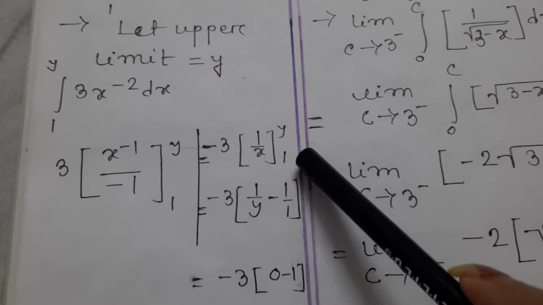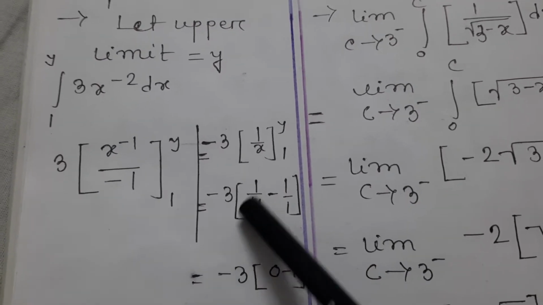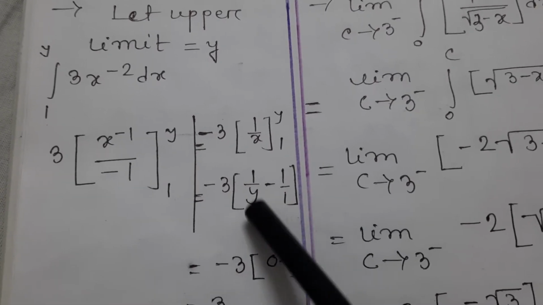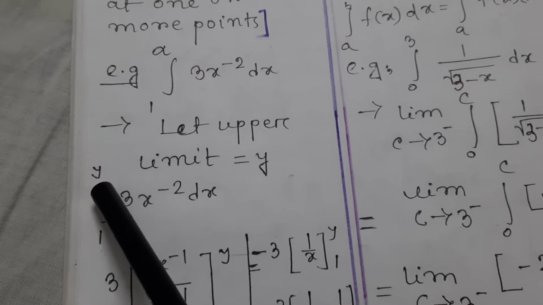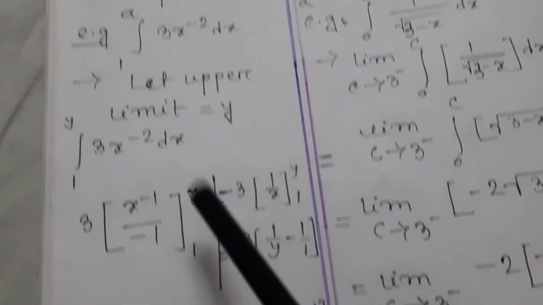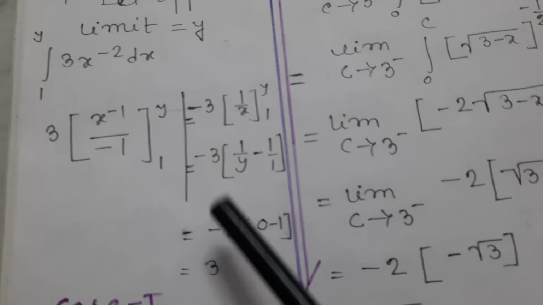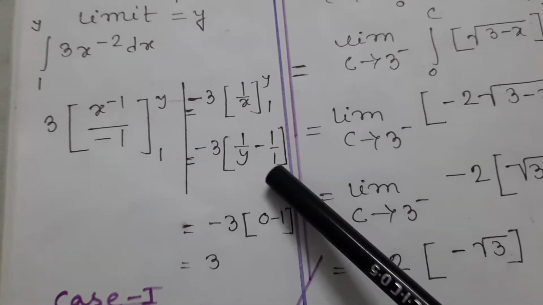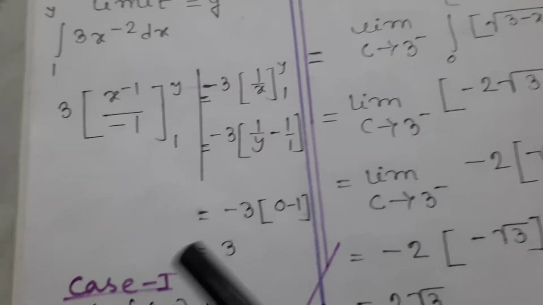Just put the limits here: minus 3 into (1 by y minus 1 by 1), and the value of y is infinity. So minus 3 times (1 by infinity, which is 0, minus 1 by 1, which is 1), so the answer is 3.